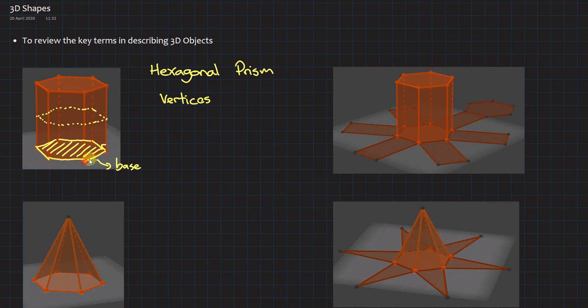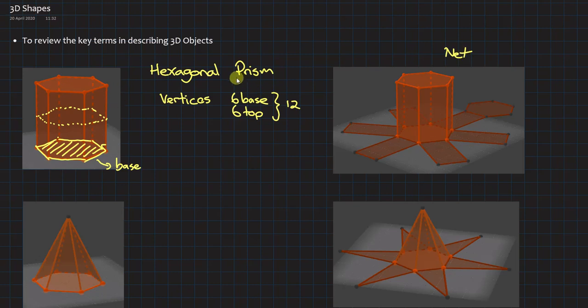We've got 1, 2, 3, 4, 5, 6. Go to the top. We've got 6 more at the top, and there's no extra vertices in between. So the number of vertices is 6 on the base, 6 at the top, which gives me a total of 12 vertices.